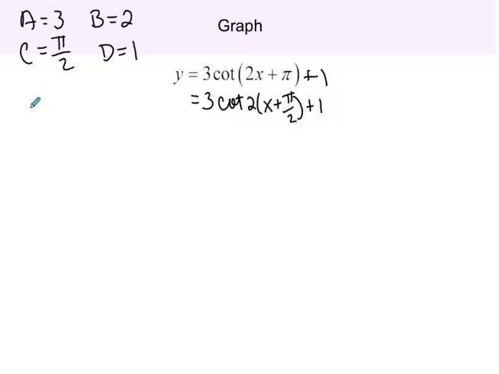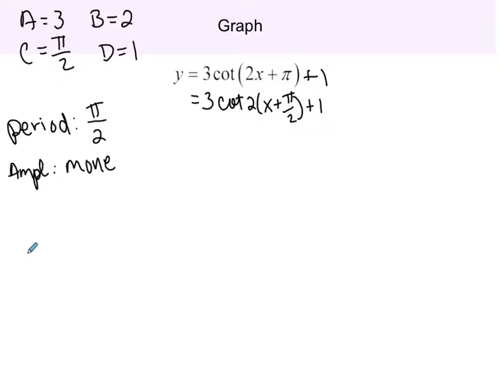Now, find the period. The period is the original period of my graph, pi over b. So it is pi over 2. For both tangent and cotangent, there is no amplitude. Then I need to figure out the x values that I will plot.